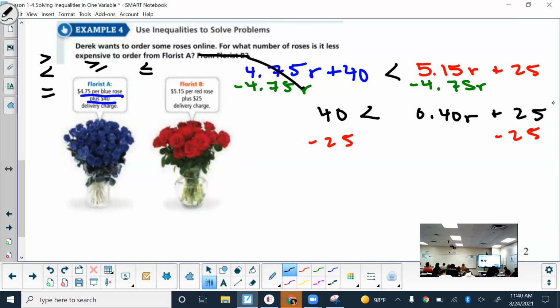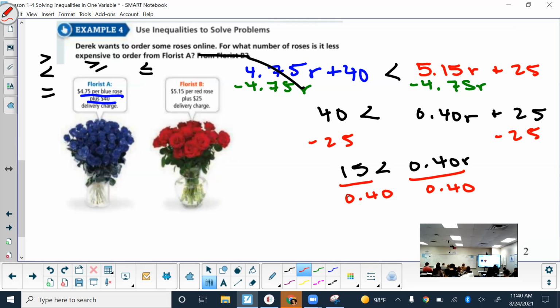What's 40 minus 25? 15 less than 0.40 r. We're almost there. What do I need to do next? Right, divide the 0.40 on each side.